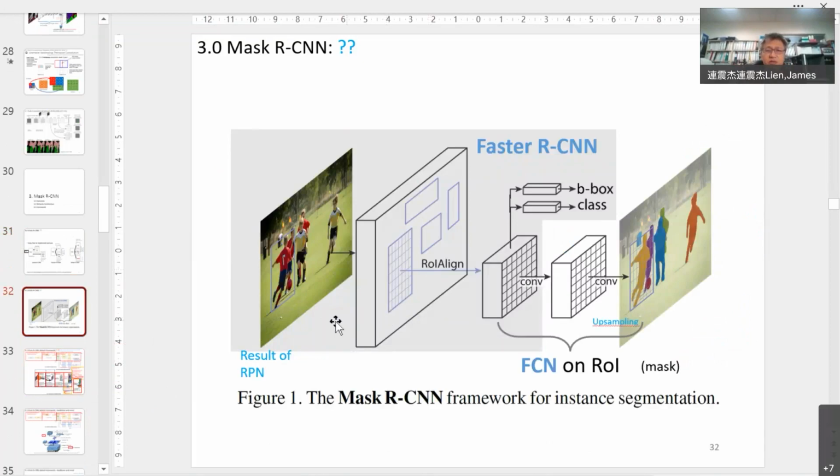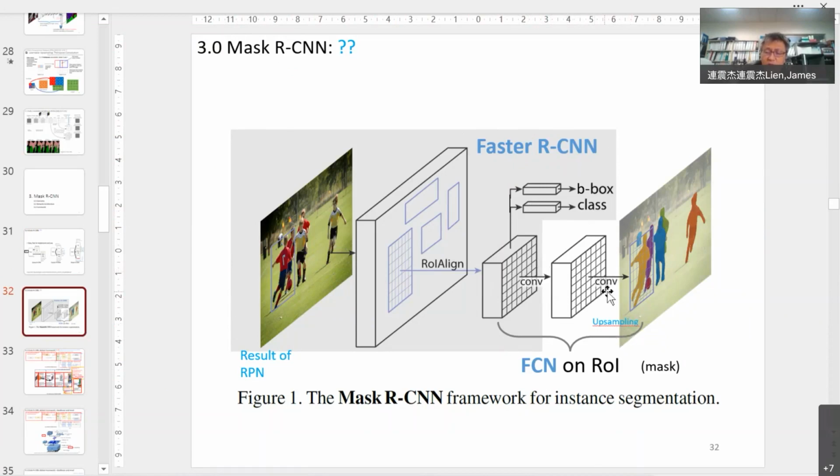So the same for the Mask RCNN, basically it improves Faster RCNN. So the previous parts are all the same. So here is Faster RCNN. But for Mask RCNN, they have more branches, more parameters.